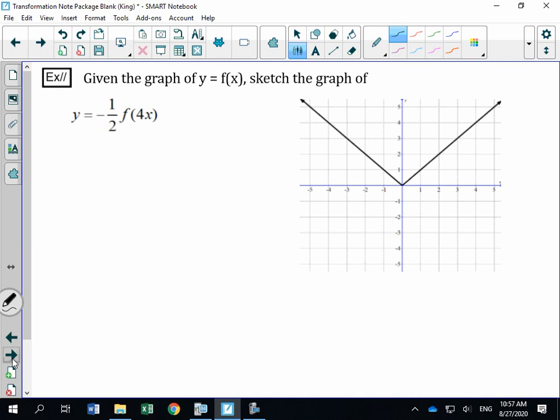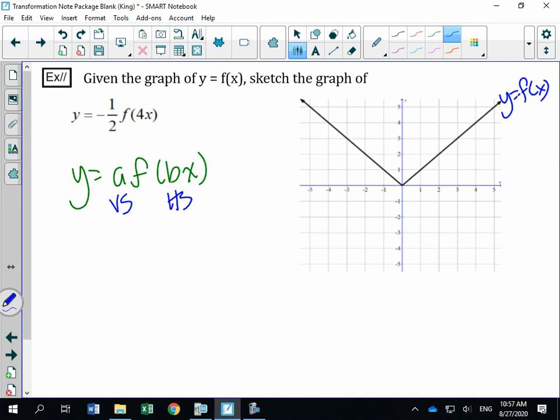Okay, let's do this example here. Again, I always like writing y is equal to a f open bracket b of x. And then I always like saying vertical stretch, horizontal stretch. I find that just helps students. So they've given us this graph, and they said this is the graph of y is equal to f of x, so let's write that down.